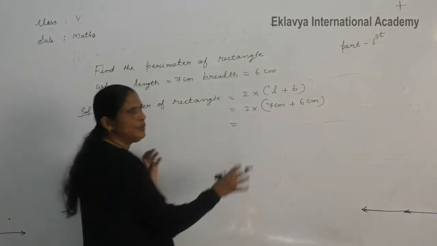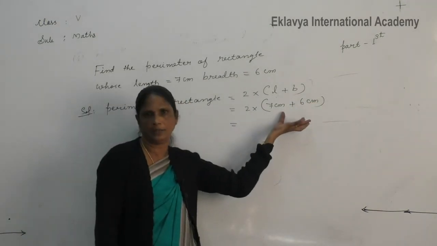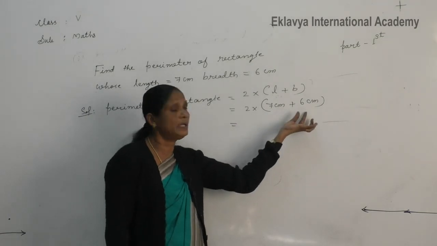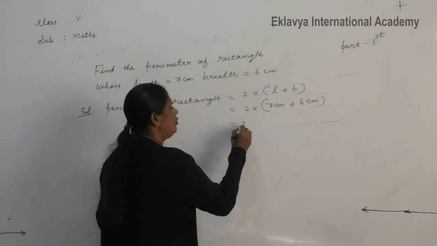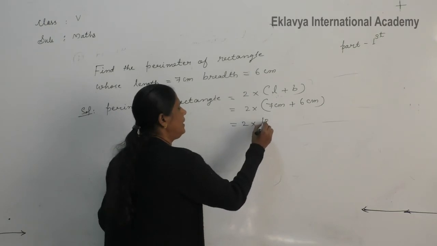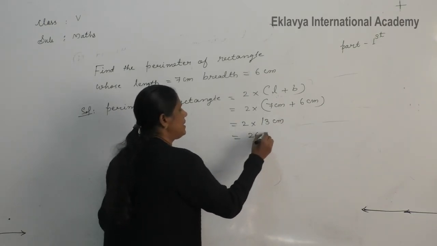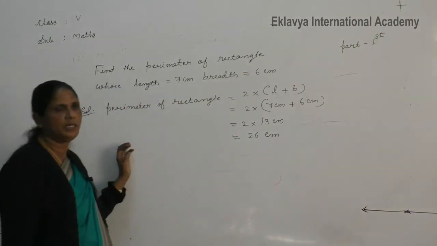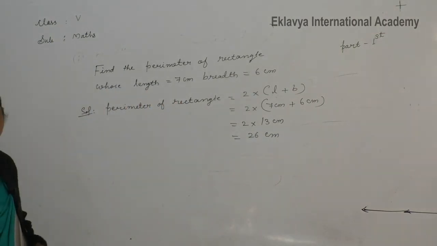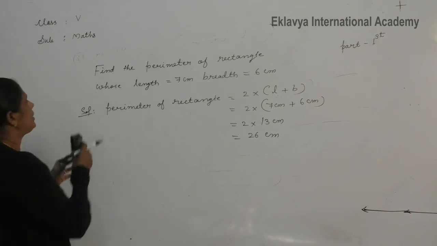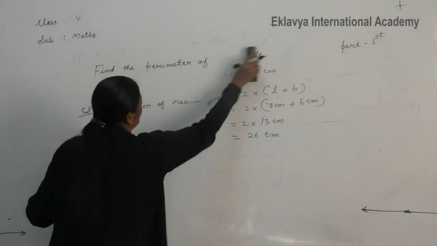First you solve the bracket: 7 plus 6 is 13, 2 multiply 13 centimeter, then 26 centimeter. You understand this?